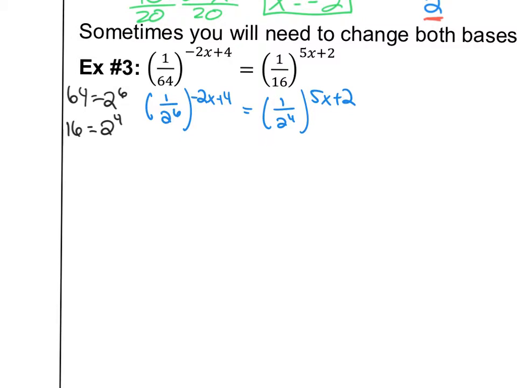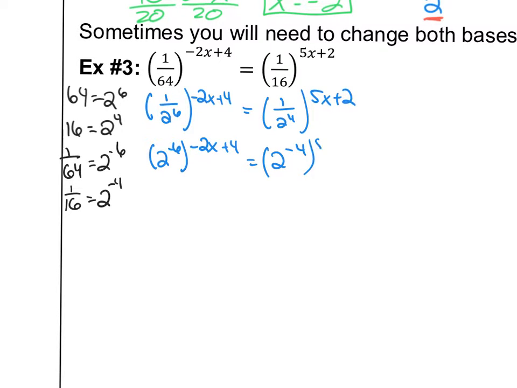And you might have actually seen that we could rewrite 1 over 64 as 2 to the negative 6th, and 1 over 16 as 2 to the negative 4th, because again, we're just taking the reciprocal of it, right? Because that's how we flip the terms up and down over the fraction. So that means we can rewrite this as 2 to the negative 6, negative 2x plus 4, equals 2 to the negative 4, 5x plus 2.